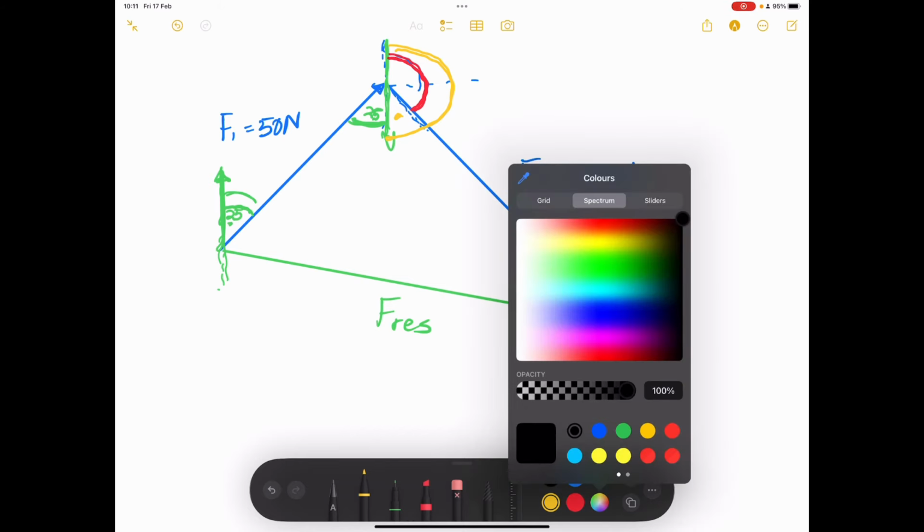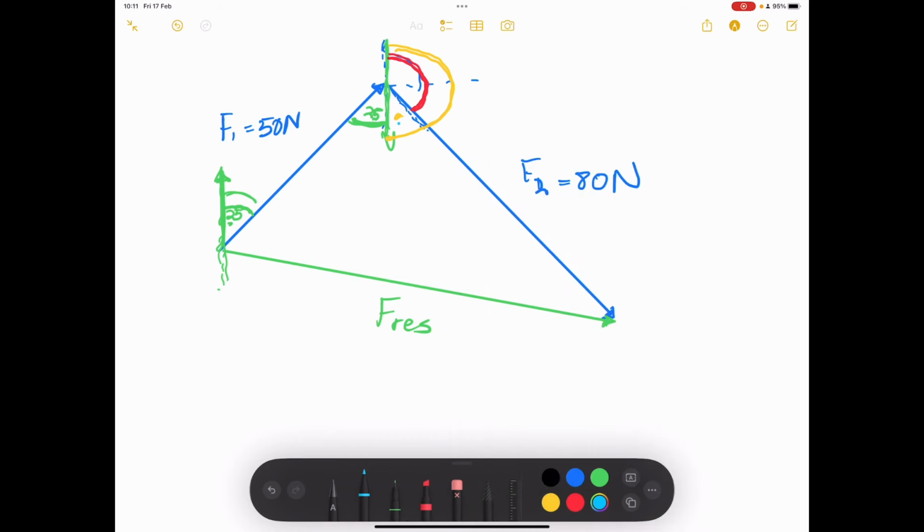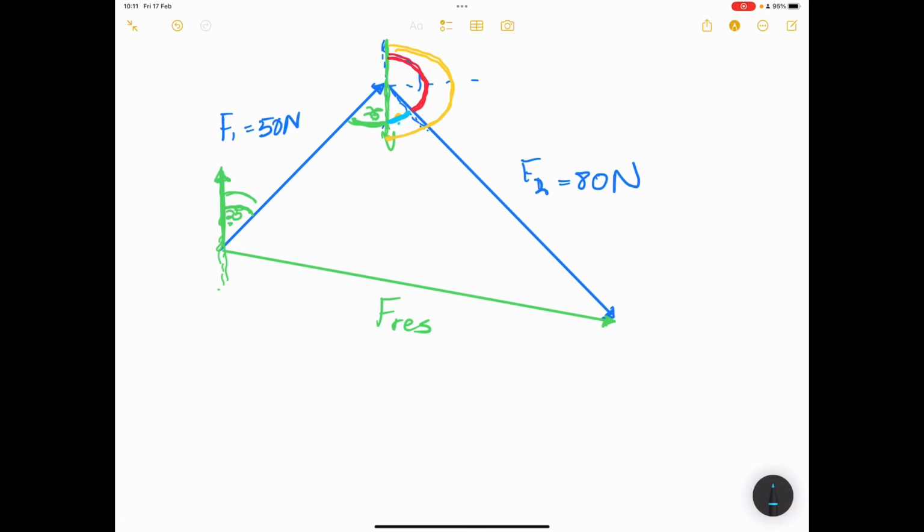I'm trying to take a different color. So let's take that one. What would make this little angle over here? That would be 180 minus 160. So this angle inside here would actually be 20 degrees. I hope you can see that, ladies and gents.